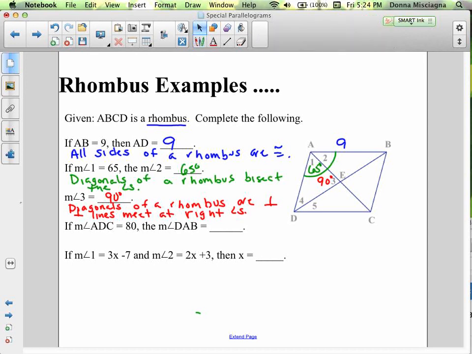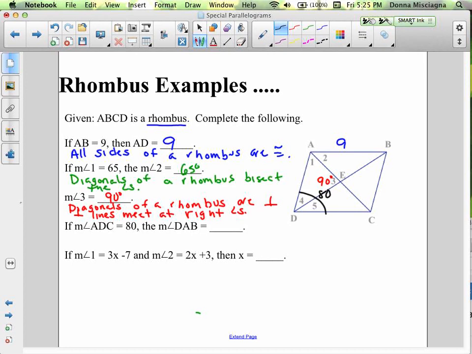If the measure of angle ADC equals 80. So these, by the way, the 65 and the 80 have nothing to do with one another. Then the measure of angle DAB, so I'm going to erase that because now we're looking for what DAB would be if angle ADC was 80 degrees.